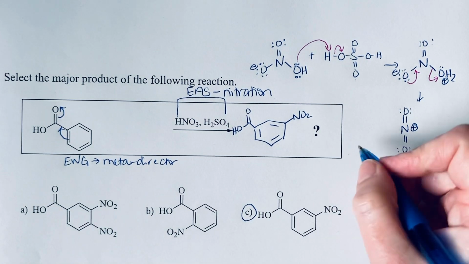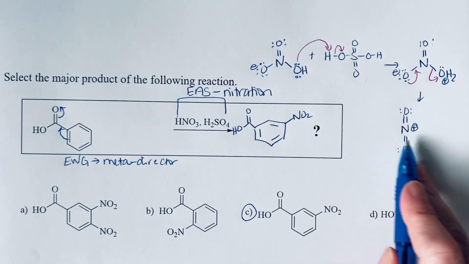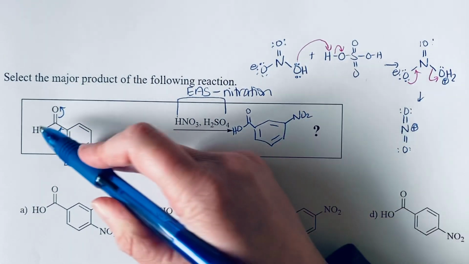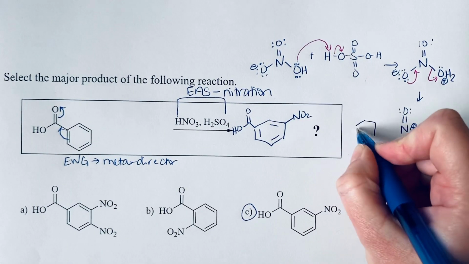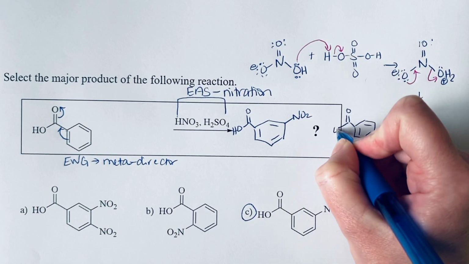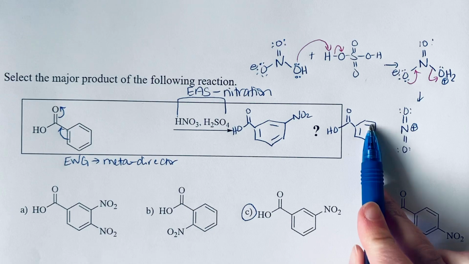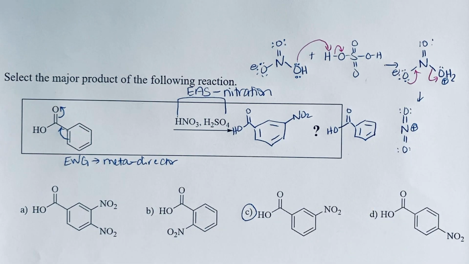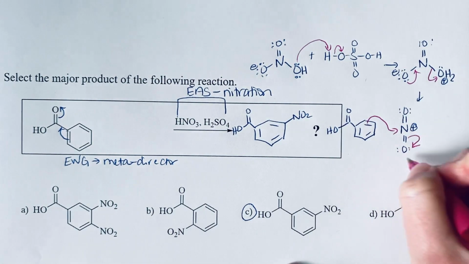Okay, and we can quickly draw the rest of this mechanism. We've gone ahead and drawn the NO2 plus. So we can have our benzoic acid attack this really good electrophile. And I'm going to show the attack to have the substitution occur at that meta position. So we can just have this pi bond attack the nitrogen, and then we will break one of those NO bonds.